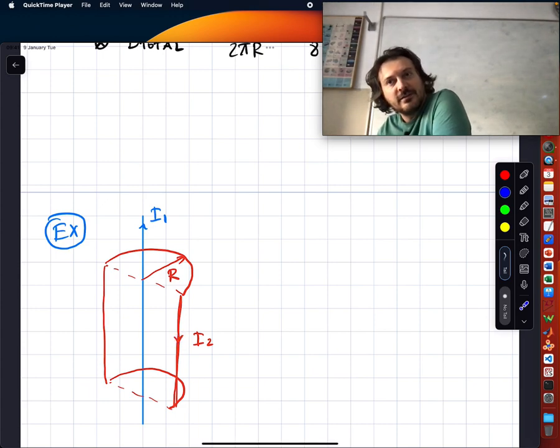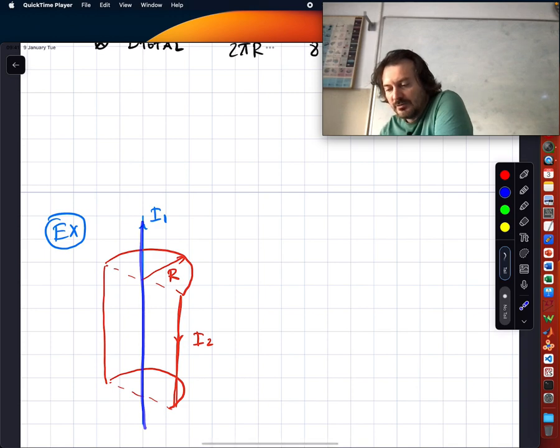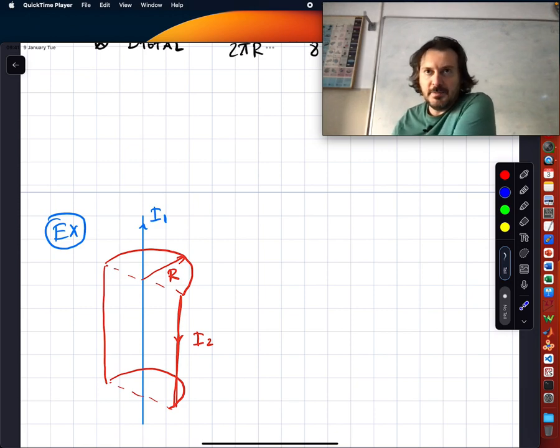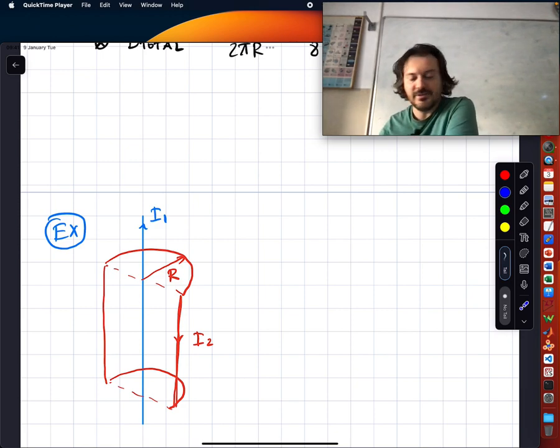Which one is easier? Second one, because this one is straight and we know how to calculate magnetic field for that one. Although we do know how to calculate magnetic field for this one, it will be very complicated. Way more complicated than the other one.